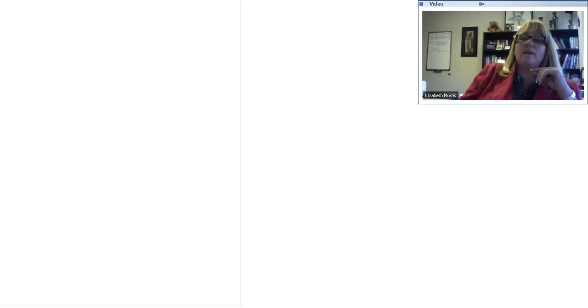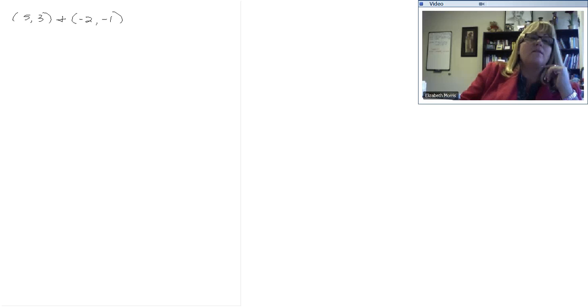Let's try another one. What if I had the 2 points, 5, 3, and negative 2, negative 1, and I needed to find a slope? All right. This is an x, this is a y, this is an x, this is a y. Let's make these my first ones and these my second ones, because it doesn't matter.